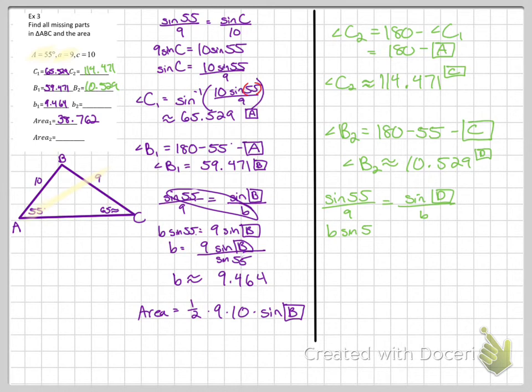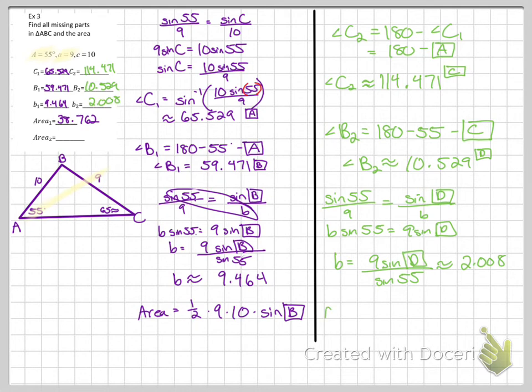Okay. b sine 55 equals 9 times sine D. Remember, sine D represents a number, so divide by sine 55. And if you type it in carefully, side B2 should be 2.008.